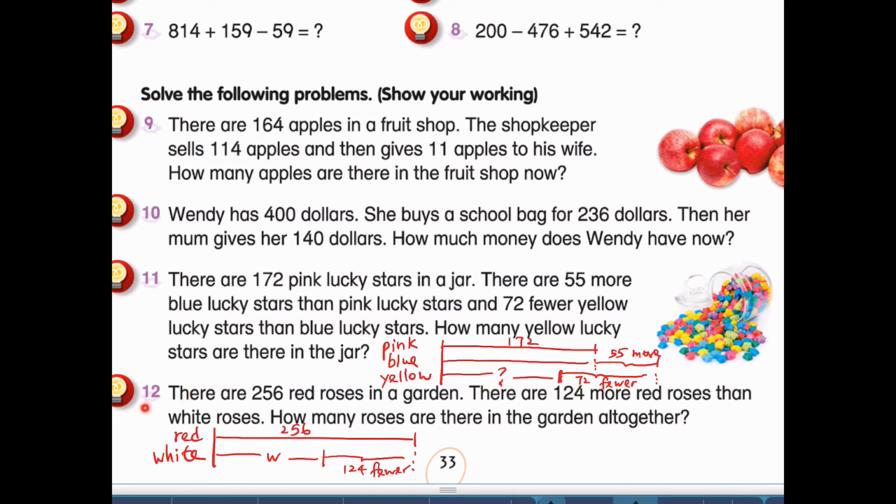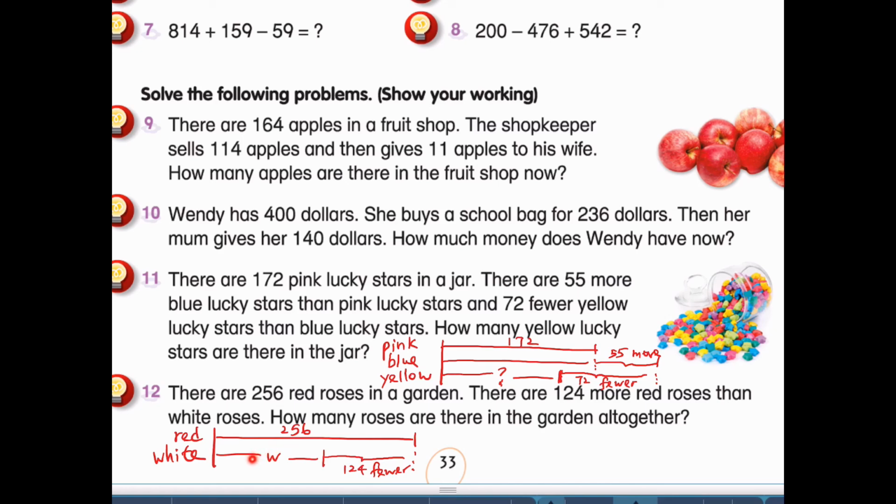And for question 12, there are 256 red roses in the garden, and there are 124 more red roses than white roses. That means we have 124 fewer white roses. But this time we're asked to find the total number of roses in the garden. So we need to add up the number of red roses and the white roses.